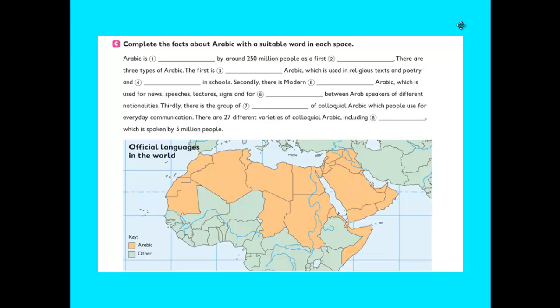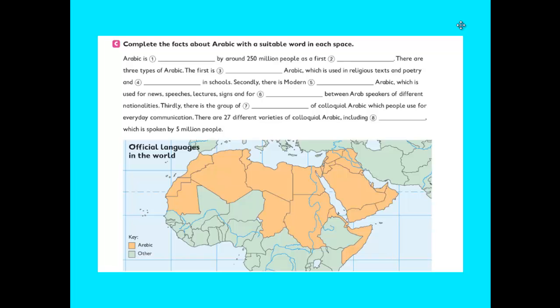Secondly, there is modern standard Arabic, which is used for news, speeches, lectures, signs, and for meetings, for conferences between Arab speakers of different nationalities.